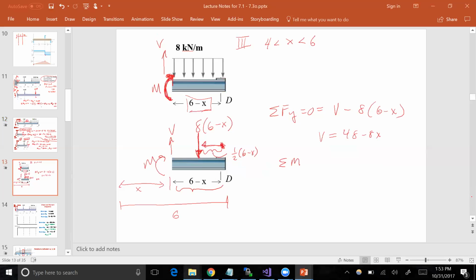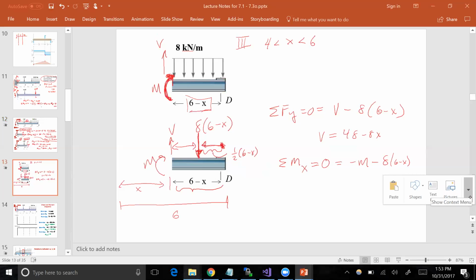Sum of the moments, you can do the moments at x if you want, or at D if you want. But if we do it at x, we're going to say that that equals minus M. That 8 times 6 minus x force has a moment arm of the other side. That's this moment arm here, but that's also 1/2 times 6 minus x.